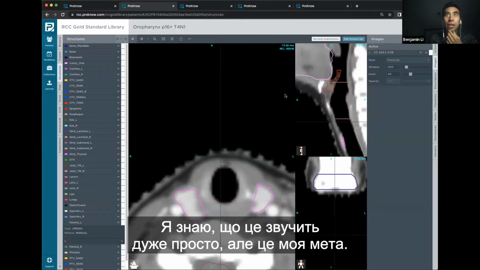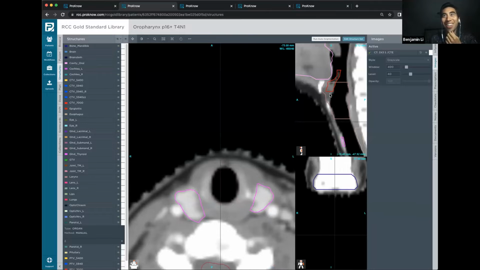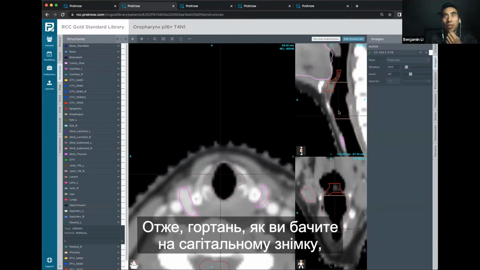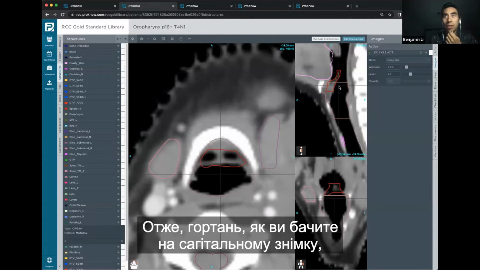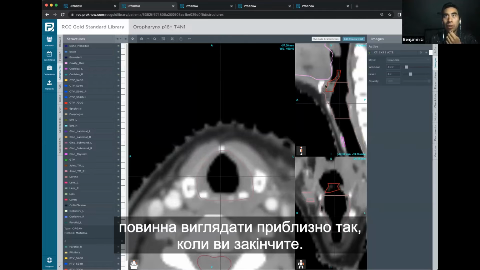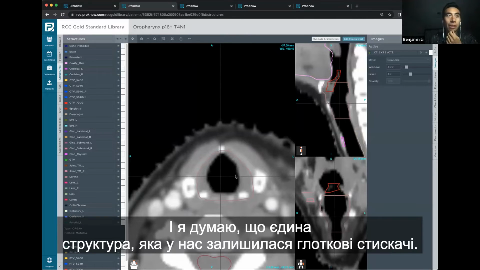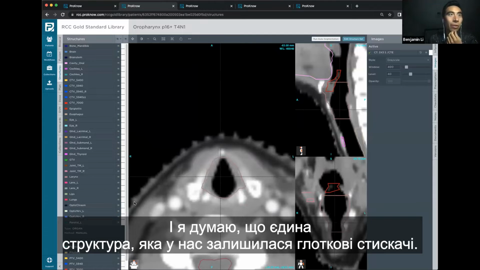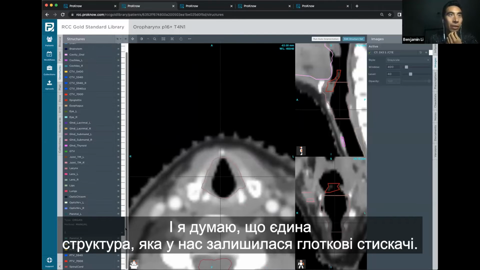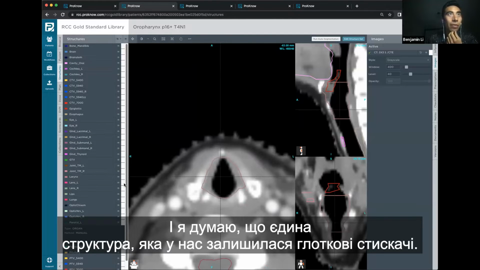So I know I'm making this sound kind of easy, but that's my goal. And so larynx, you can see on the sagittal view, it should look something like this shape when you are done.